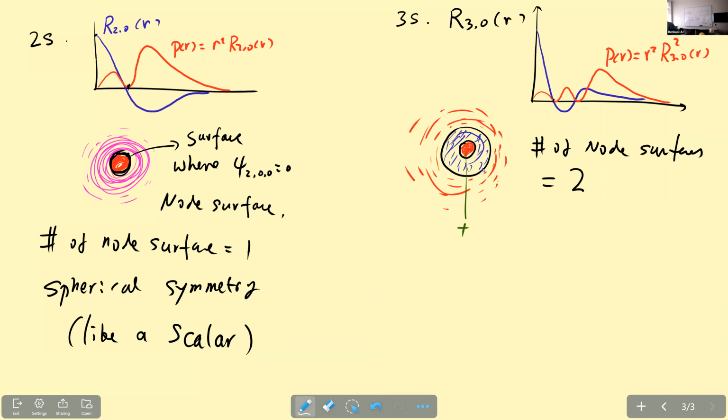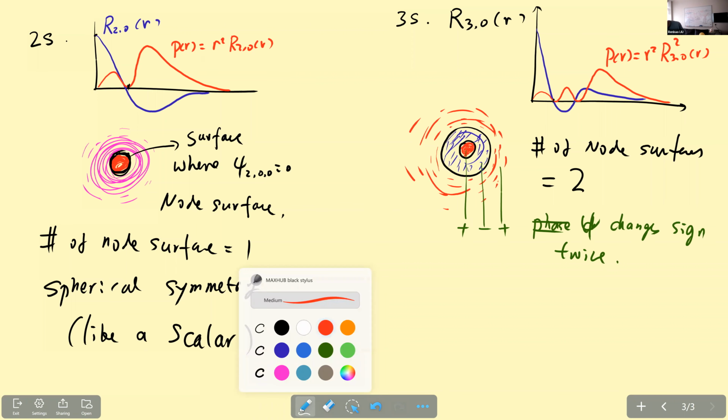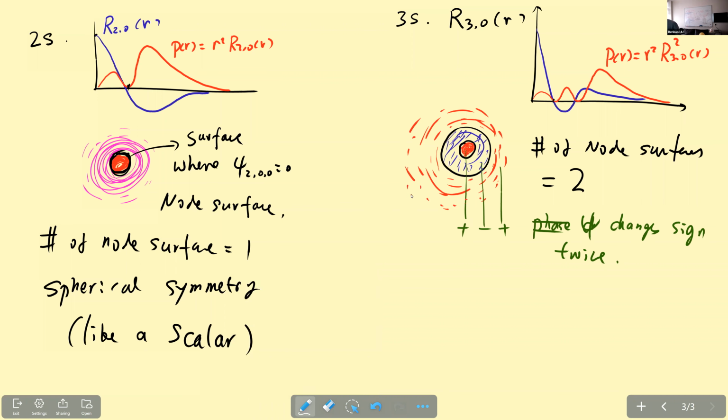So this one is positive, and this one is negative, and this one is positive. Okay, so the phase of the wave function changes sign twice, right? That's because every time you cross a node surface, the wave function will change the sign.